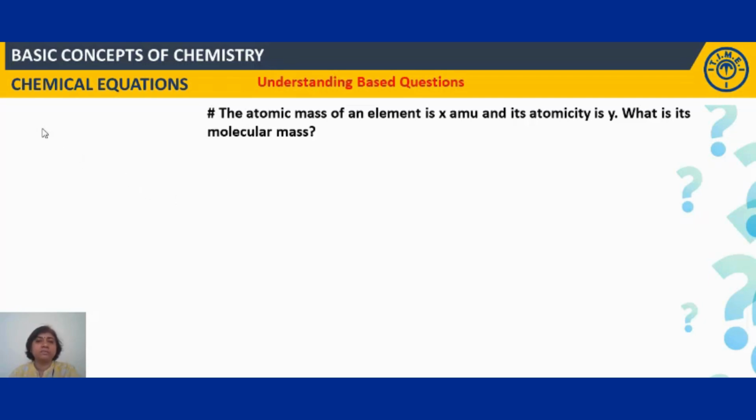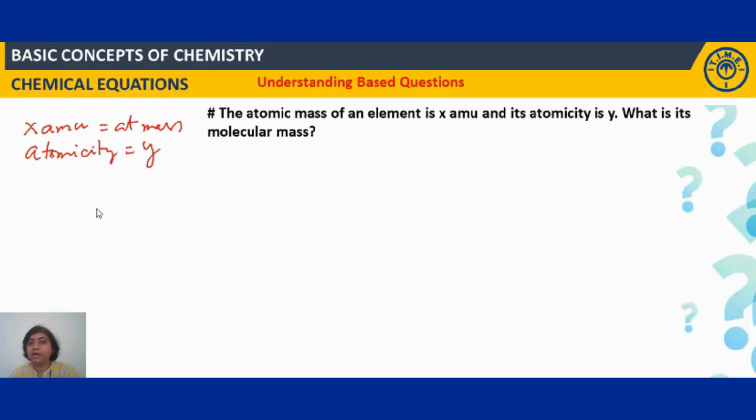The atomic mass of the element is x AMU. Its atomicity is Y, that means in one molecule of the element there are Y atoms.